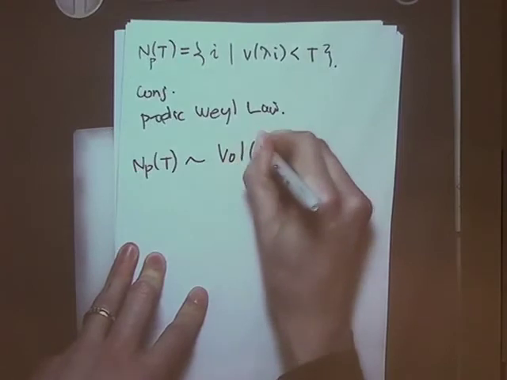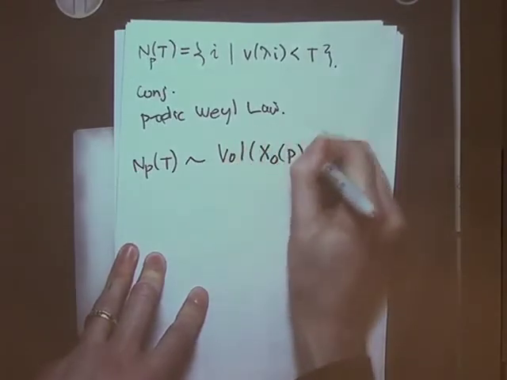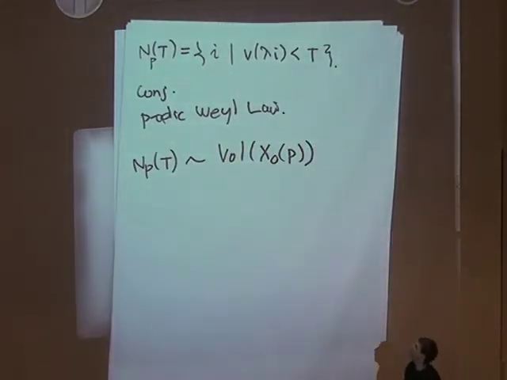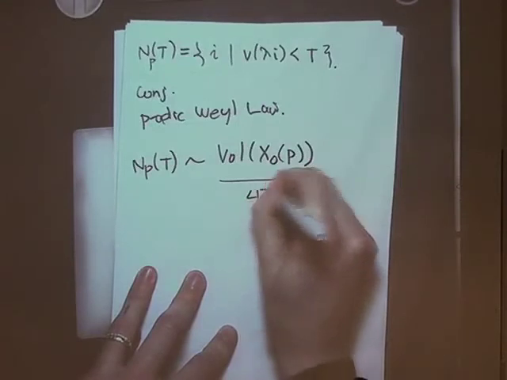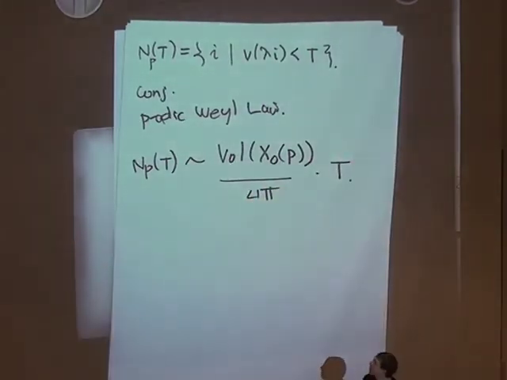Now instead of the volume of X, you have the volume of X_0(p), which you might think is reasonable because these are also sections of X_0(p). And what else does it look like? Well, otherwise it looks like divided by 4 pi times t. So hopefully this justifies that the analogy is not somehow a complete accident.